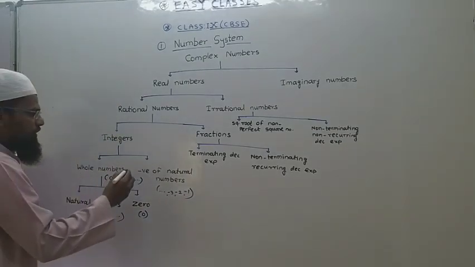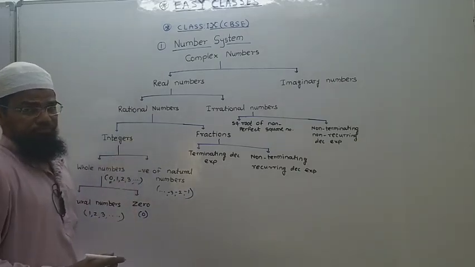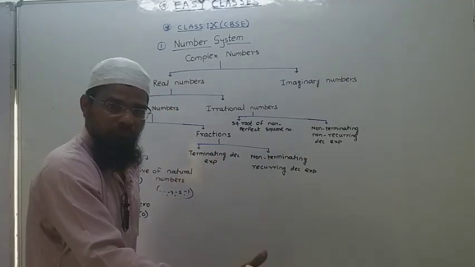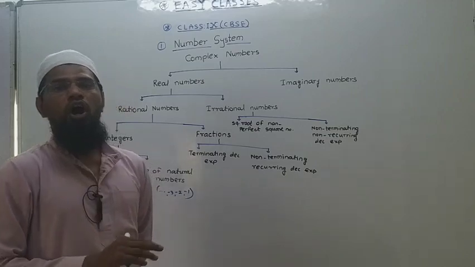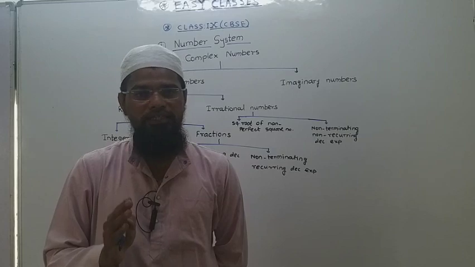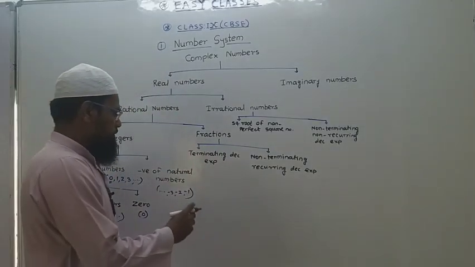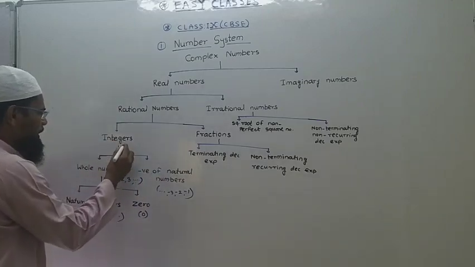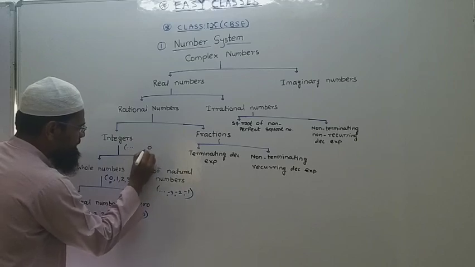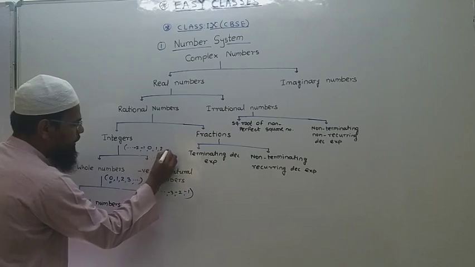So integers are the combination of all the natural numbers, negatives of natural numbers and 0. Integers are 0, minus 1, minus 2 and so on, and also 1, 2 and so on.